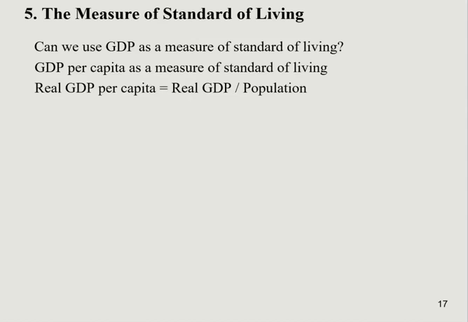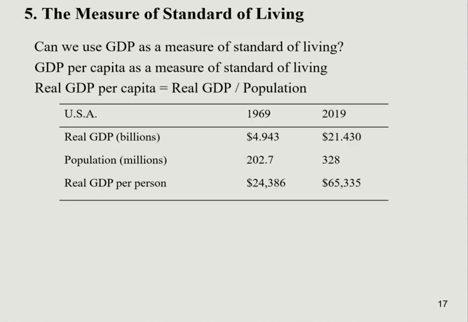Okay. So here, let's make a quick overtime comparison for the United States between 1969 and 2019, about half a century apart, between the 2 years listed here in the table. Now, if you look at the GDP in billions of dollars, that's a measure of how big the economic pie is for the U.S. For 1969, it's slightly below $5 trillion.